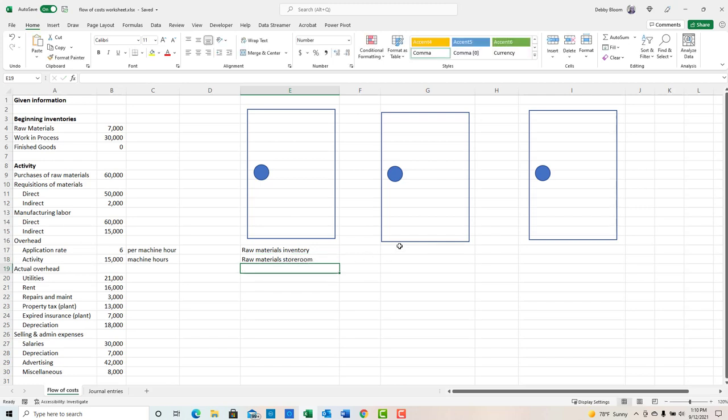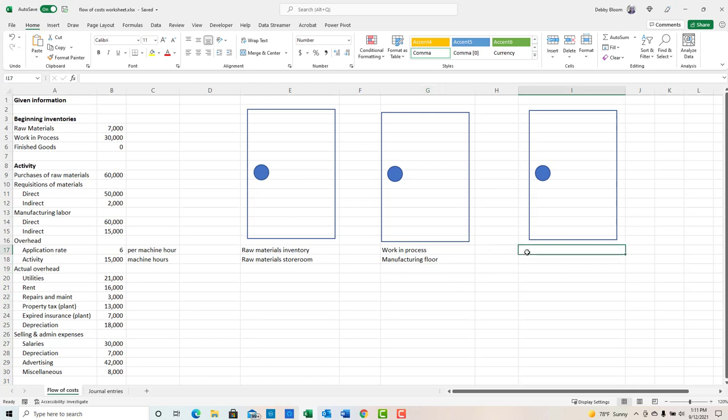The second room is our work in process. But what I want you to think about that is the manufacturing floor. That's where all of the processing is going to take place.